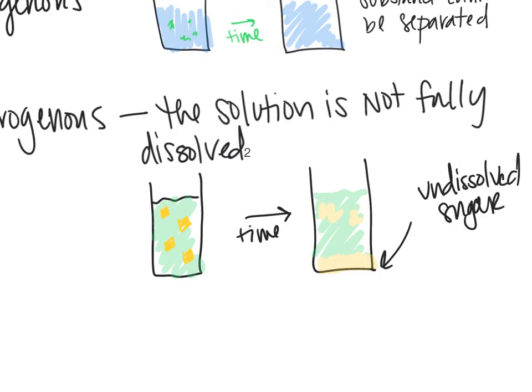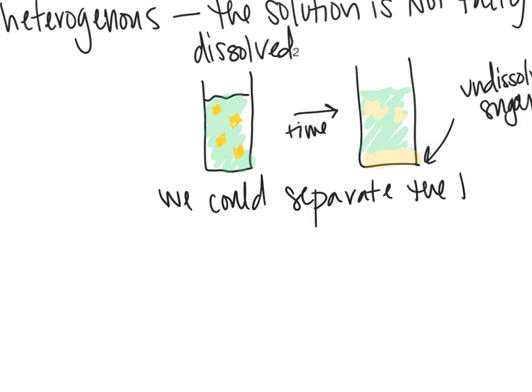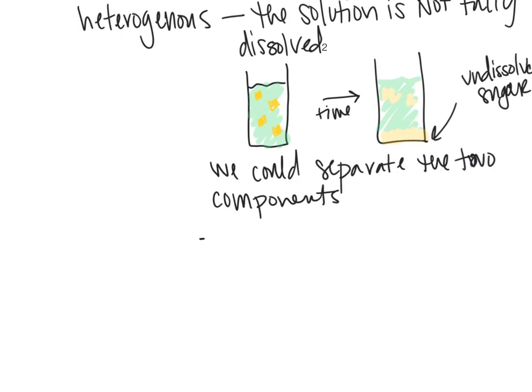This tells us that we could separate the two components. This also has to do with solubility. We're going to talk more about what solubility is, what it looks like, and how we use it in the 4.2 precipitation reactions video. So we're just going to say coming soon.